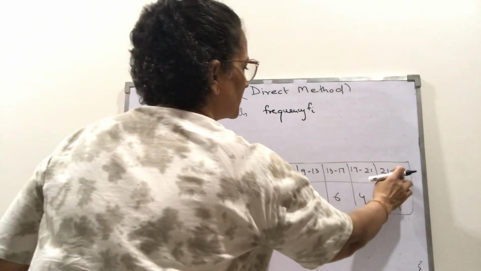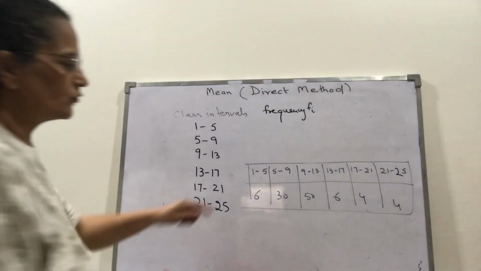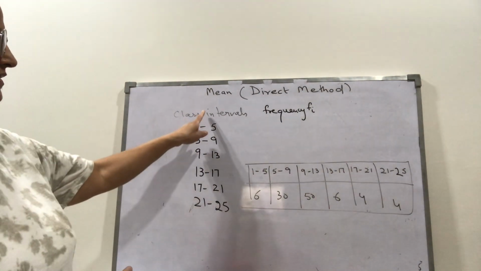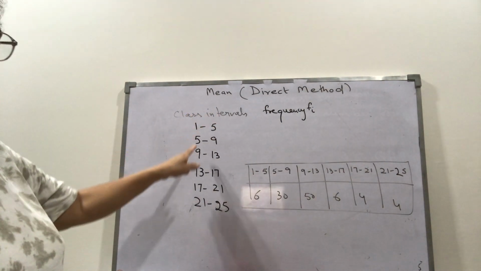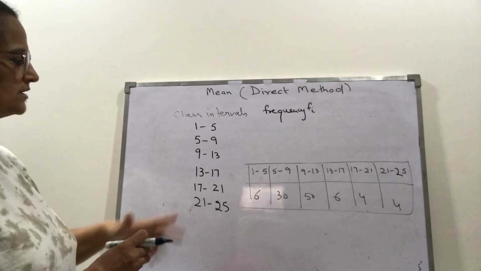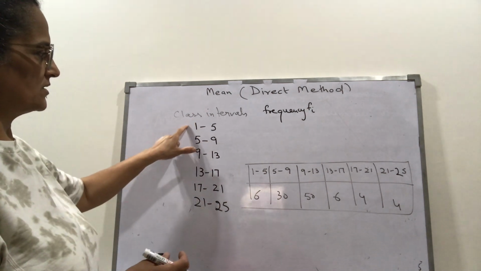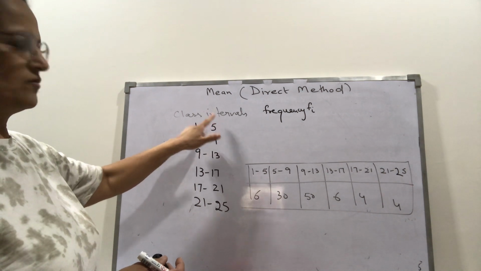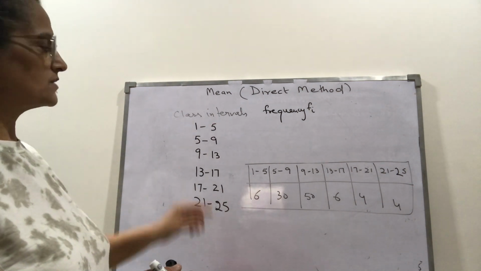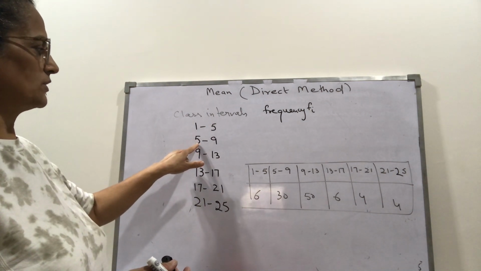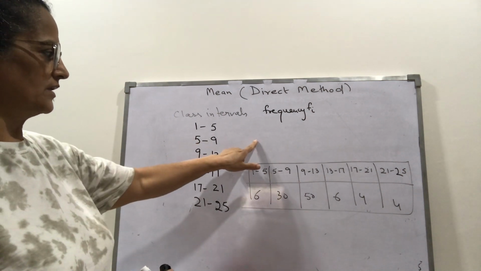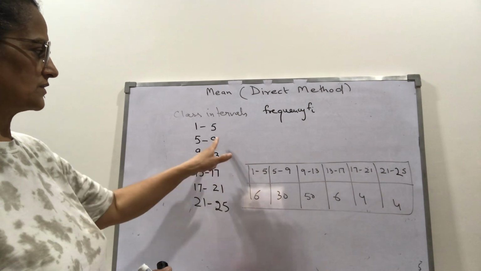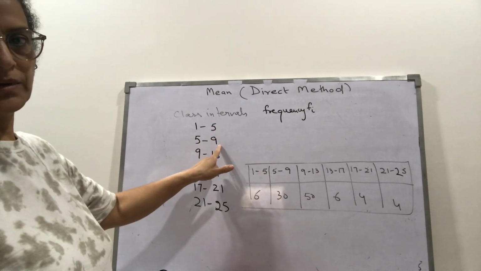You can see the difference of 4. So these are my class intervals, and in these class intervals you should remember this is my lower limit, this is my upper limit. And when we are putting our tally marks, for 5 we will put our tally mark in front of this. For 9 we will put a tally mark in front of this, not looking at the upper limit side.